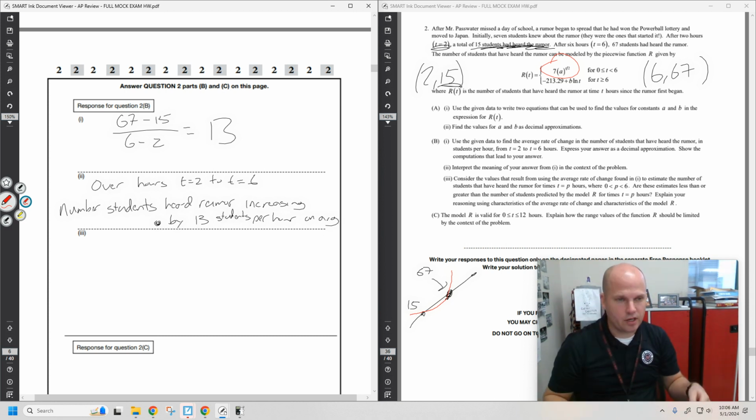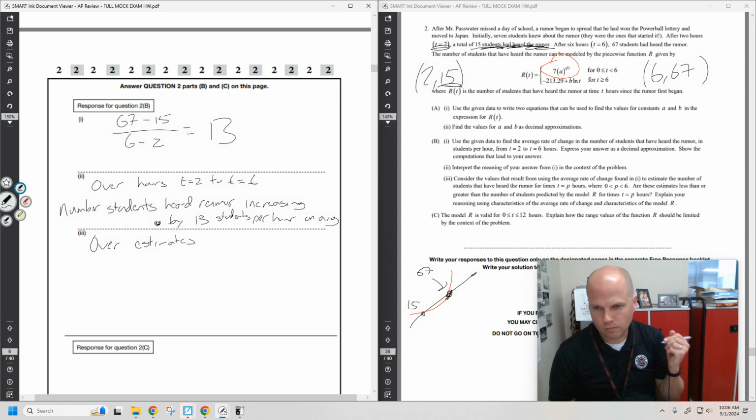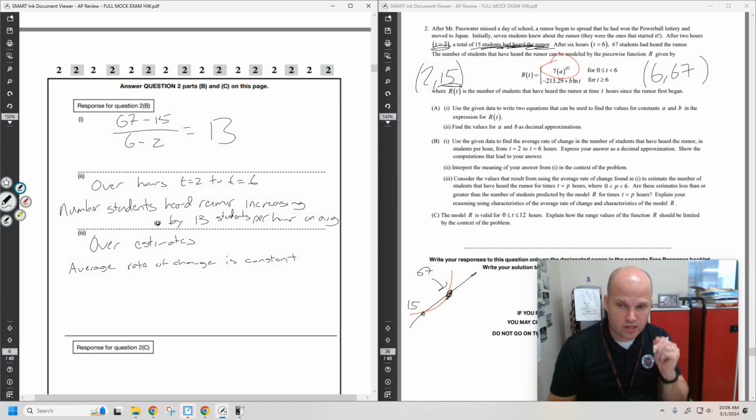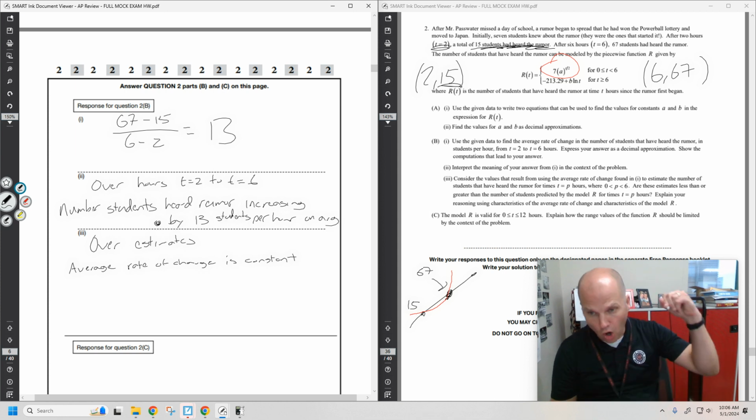Explain your justification using characteristics. So the answer is overestimates. The average rate of change is constant. The rates of change of your model are increasing.